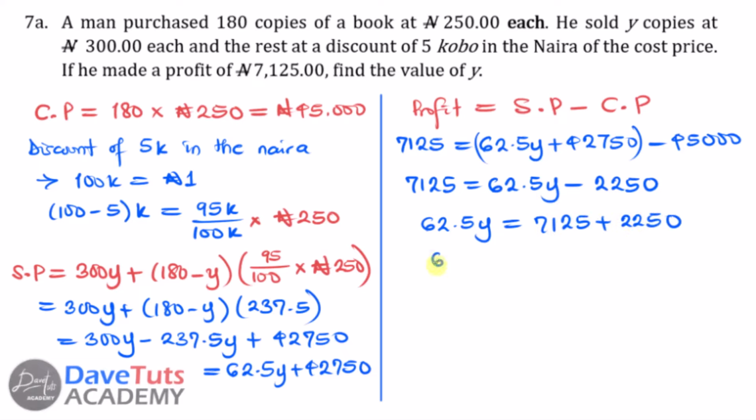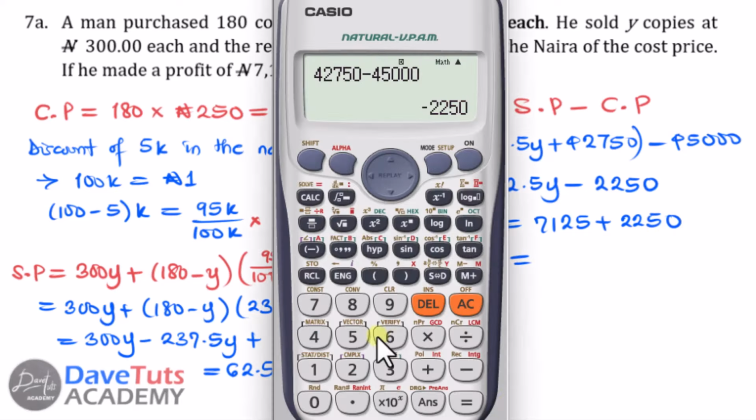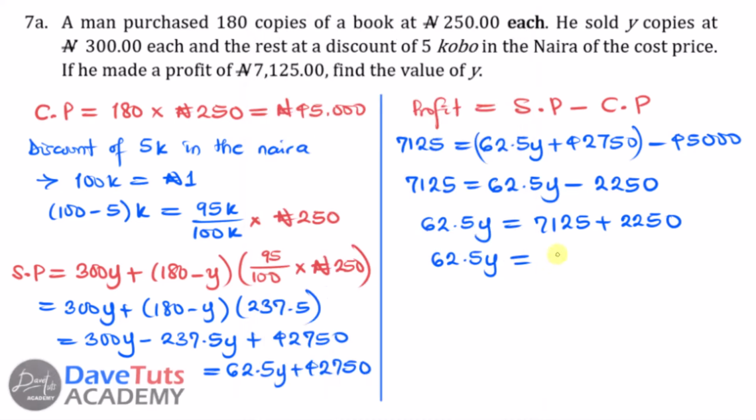Okay, so 62.5Y is going to be, let's sum this, 7,125 plus 2,250, that is 9,375. So to get Y, I can divide both sides by 62.5.